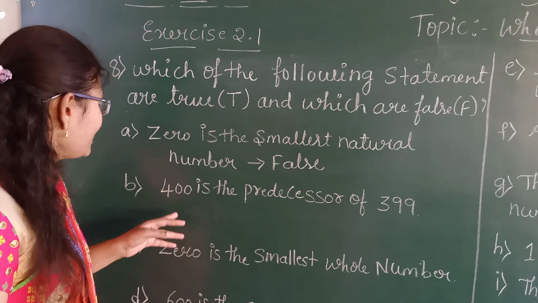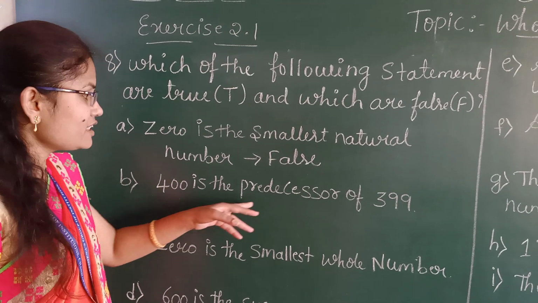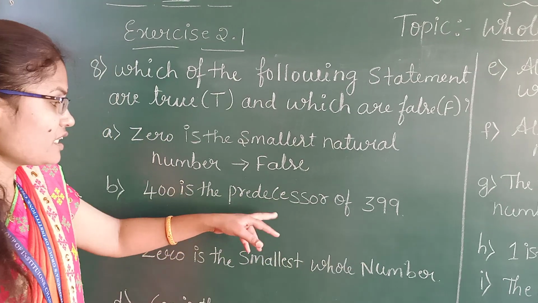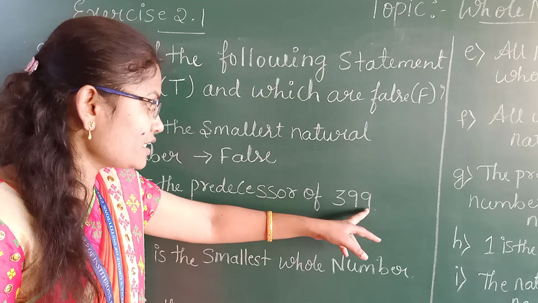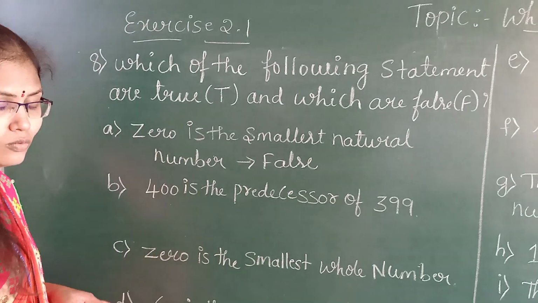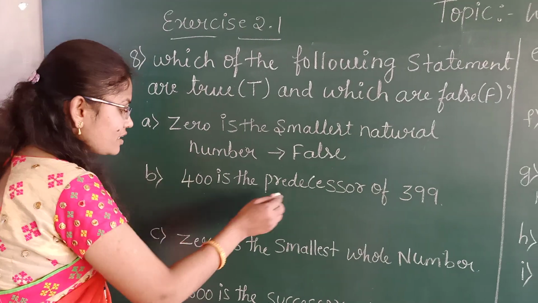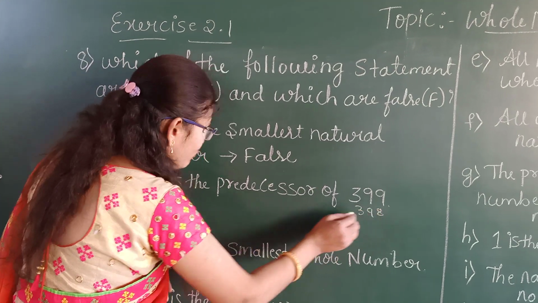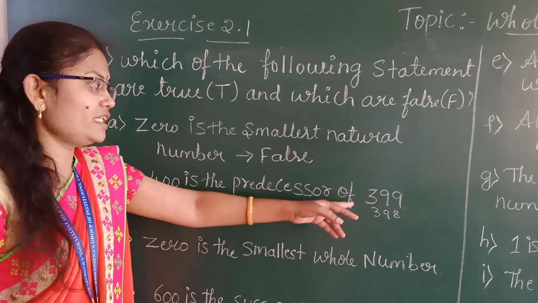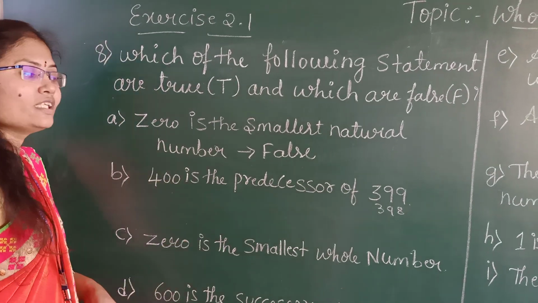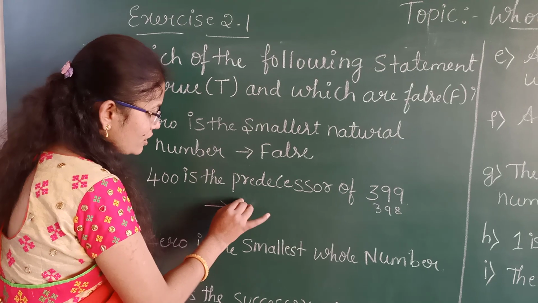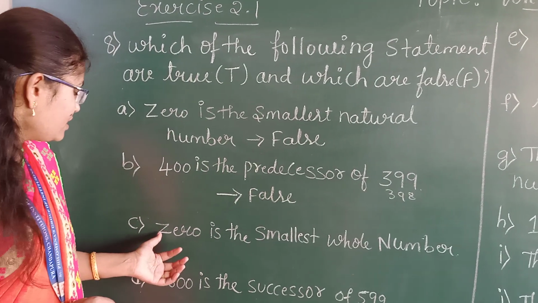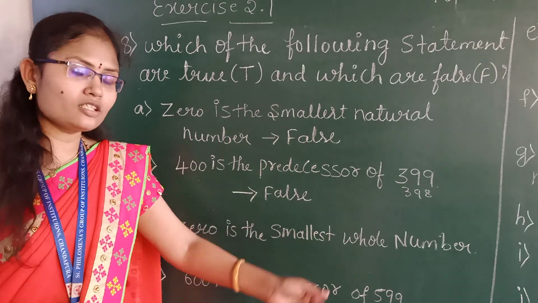In the same way, the second one is: 400 is the predecessor of 399. Observe carefully here. The predecessor of 399 is 400? No, it is wrong. The predecessor of 399 is 398. 400 is the successor of 399. Therefore, this statement is false. Next, statement C: 0 is the smallest whole number.